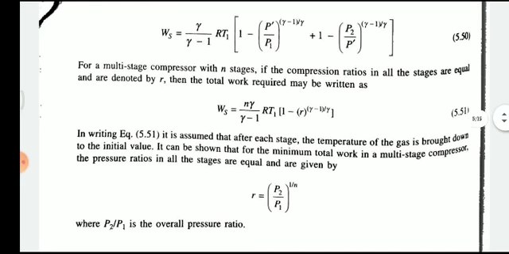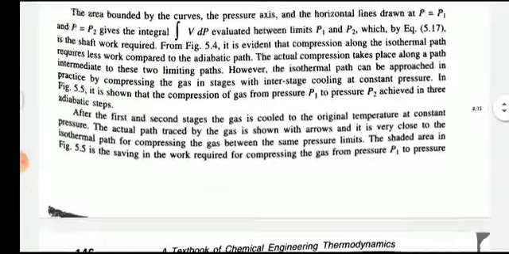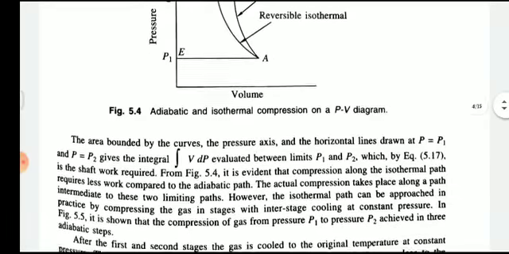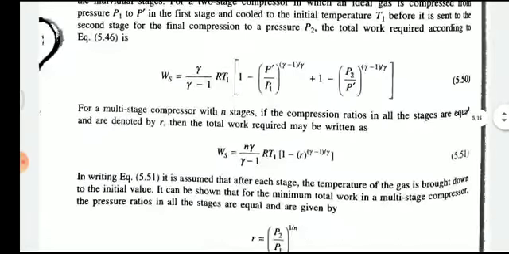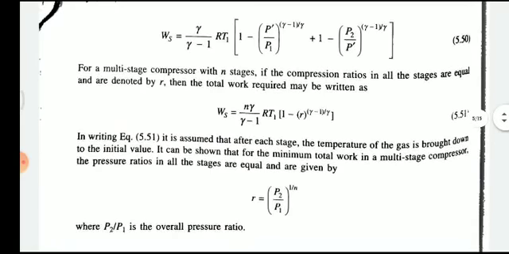So the remaining equation is for 5.15, and it is for the multi-stage compression from figure 5.4 with n stages. Number of stages are n.